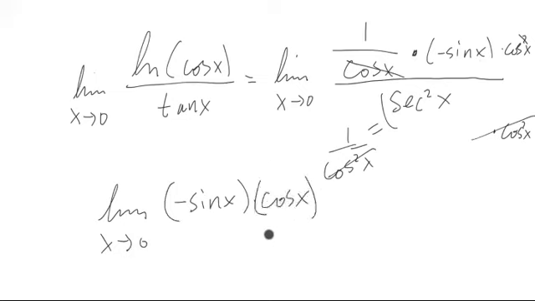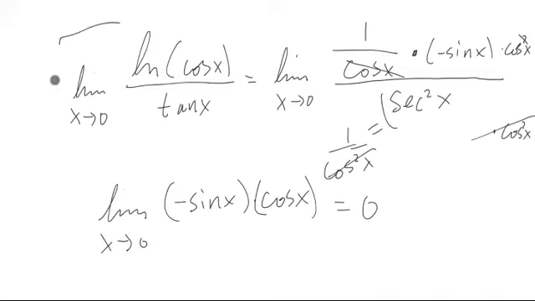Now this is great because we can just plug in, because we don't even have any denominators, so we're not going to have any place that's undefined. Sine and cosine are defined everywhere. So if we plug in 0, notice we just end up getting 0.